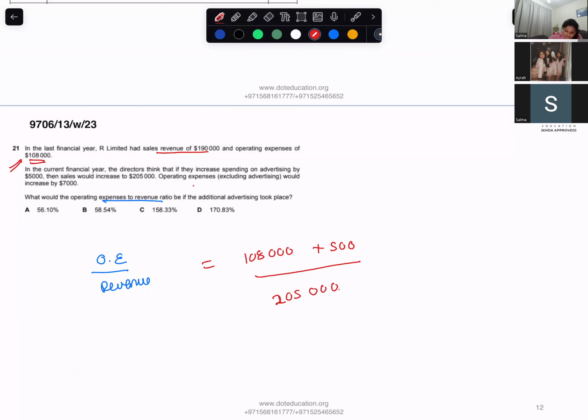Now operating expenses excluding advertisement would increase by 7,000, so another 7,000 would also increase. Okay, so what is the operating expense to revenue ratio now?